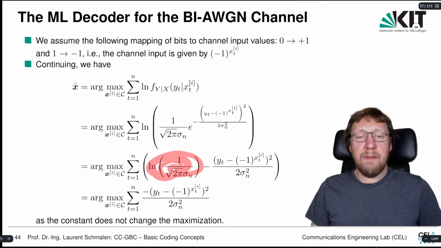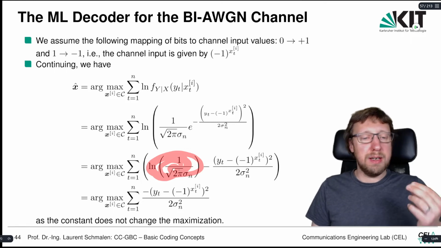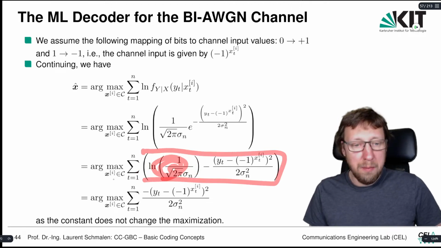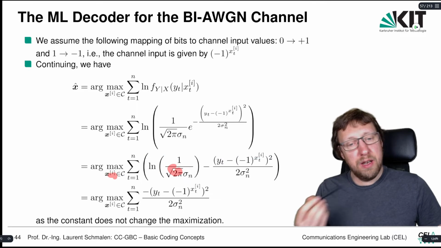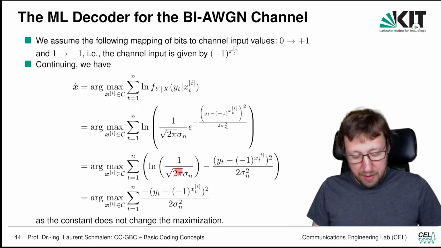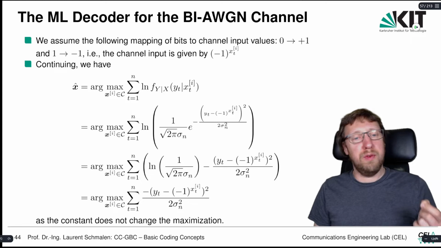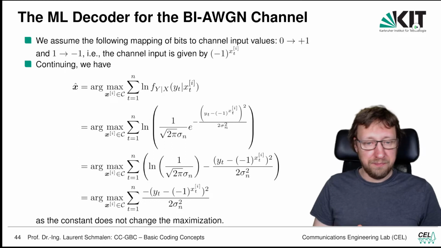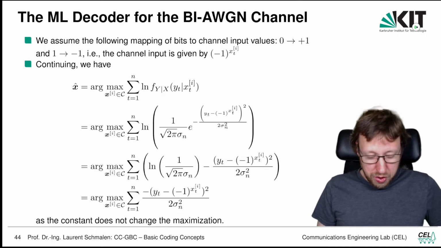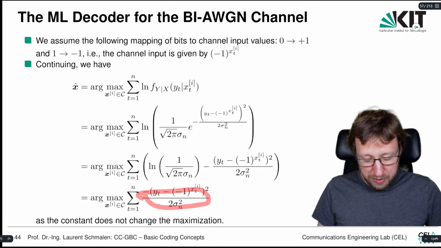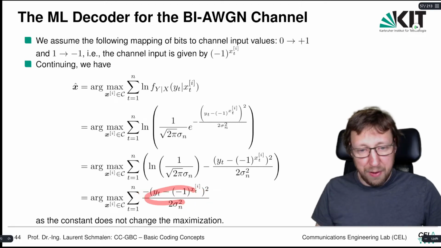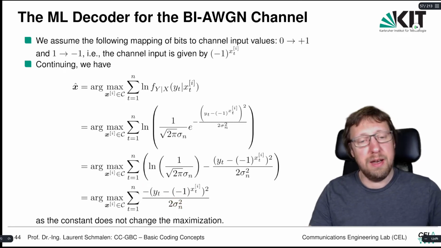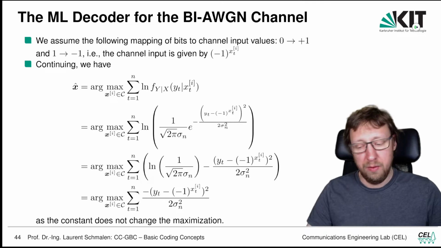So we can neglect this constant in the maximization because we are interested not in the maximum value of this expression, but in the x that achieves the maximum. And because this is a constant term, we can just remove it because it will be the same for every x. So we have the maximum over the argument. Again, we can simplify a little bit. We have a constant here, and we have a minus here. These we can get rid of. That's what we do in the following.